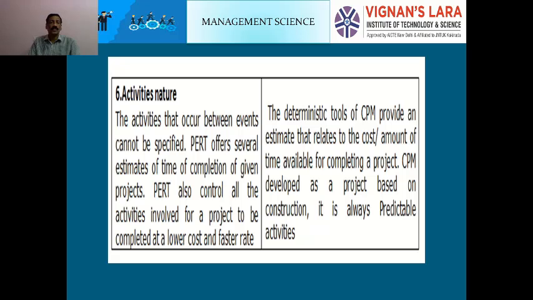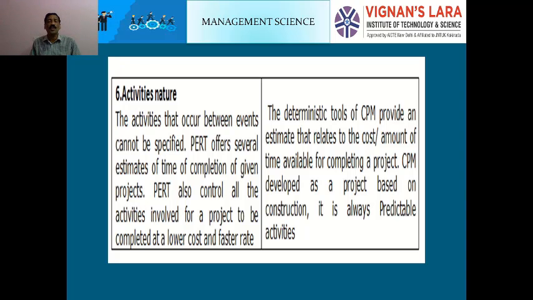The next reference, activities nature. In the PERT method, the activities are specified between events and all activities that occur are totally defined. PERT offers several estimations for completion of a given project.